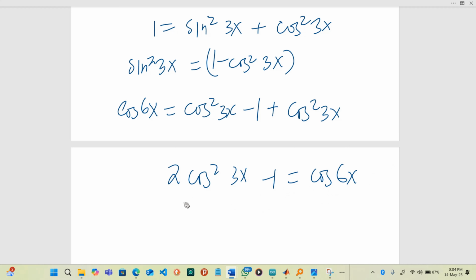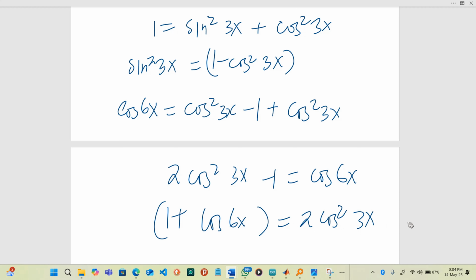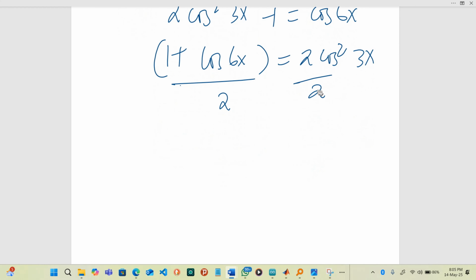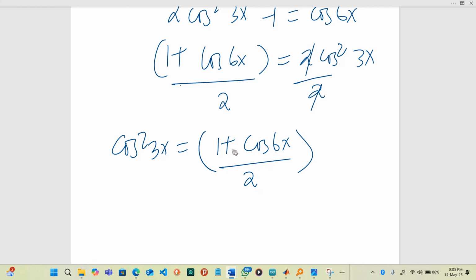So that means that 1 plus cos 6x, just take this negative 1 to the other side, when it crosses the equal sign it becomes positive. This is equal to 2 cos squared 3x. So since we are looking for cos squared 3x, we are going to divide by 2 both sides. So the 2 will go away, and therefore cos squared 3x will equal 1 plus cos 6x divided by 2.